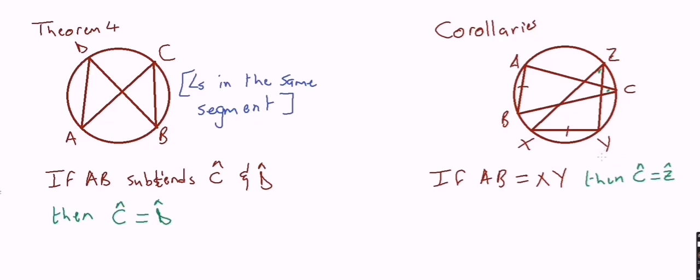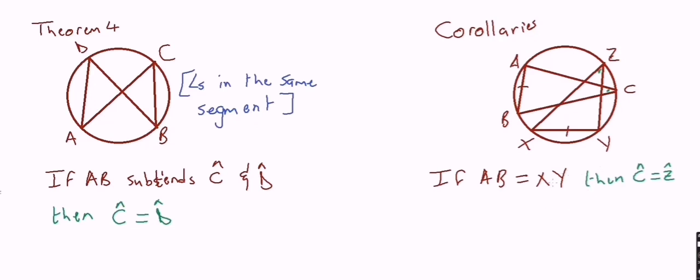The same segment is subtending angles in 2 different places in the circumference, but those angles are equal to each other. Similarly, here we've got two equal chords that are subtending angles in the circumference. Those angles must be equal to each other.